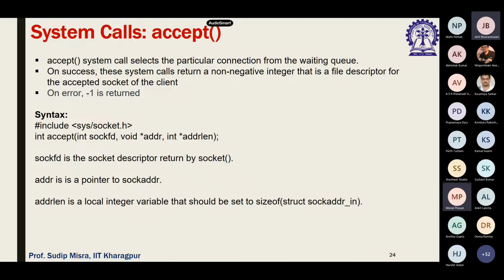This accept function takes 3 different arguments. The standard good old stuff, sockfd, which is basically that file descriptor returned by the socket function. And then this address, right?